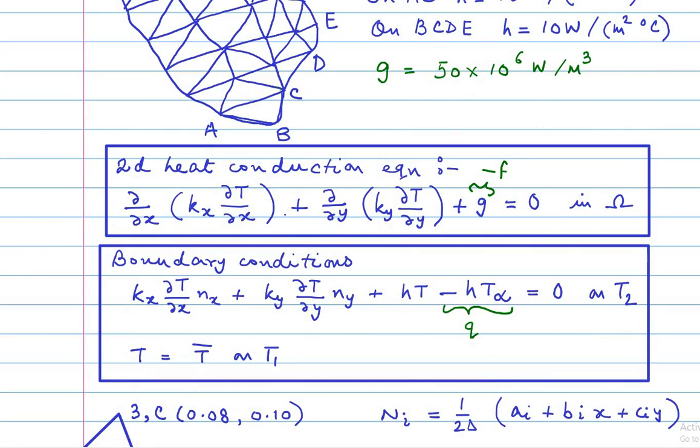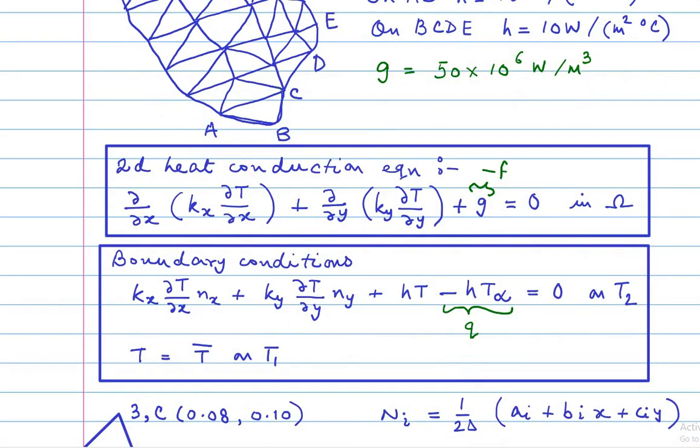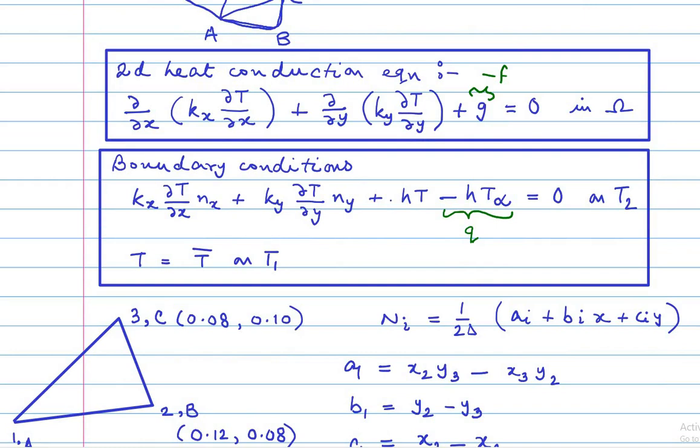Now for the 2D heat conduction equation, you know this is the governing differential equation in omega. In the standard quasi-harmonic equation which we studied, this G is actually minus F, because we studied this plus this equal to F. So minus F is G, or F equals minus G. And here this is the convective boundary condition, in which this is actually Q. So Q is minus H T infinity.